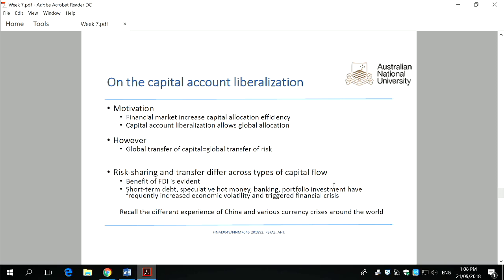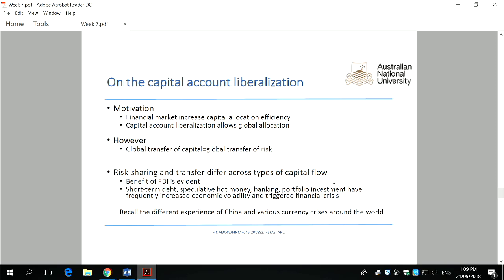But the global transfer of capital will also bring a global transfer of risk, right? Remember what we talked about the financial market? It transfers the funds, but it also transfers the risk, right?